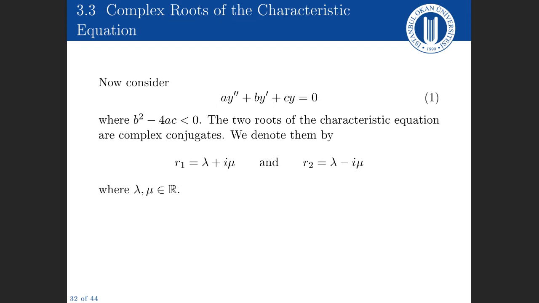Then the two roots of the characteristic equation are going to be complex conjugates. And we're going to write them like this. The first one I'm going to call lambda plus i mu, and the second one I'm going to call lambda minus i mu, where lambda and mu are real numbers.